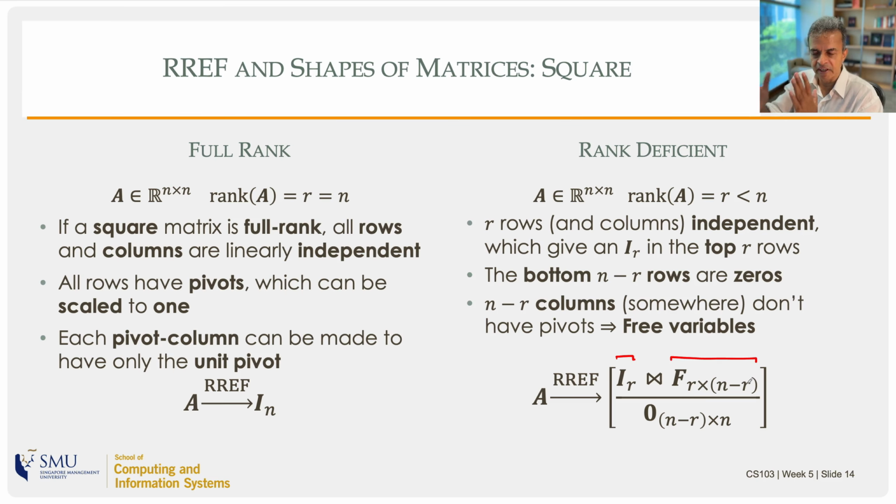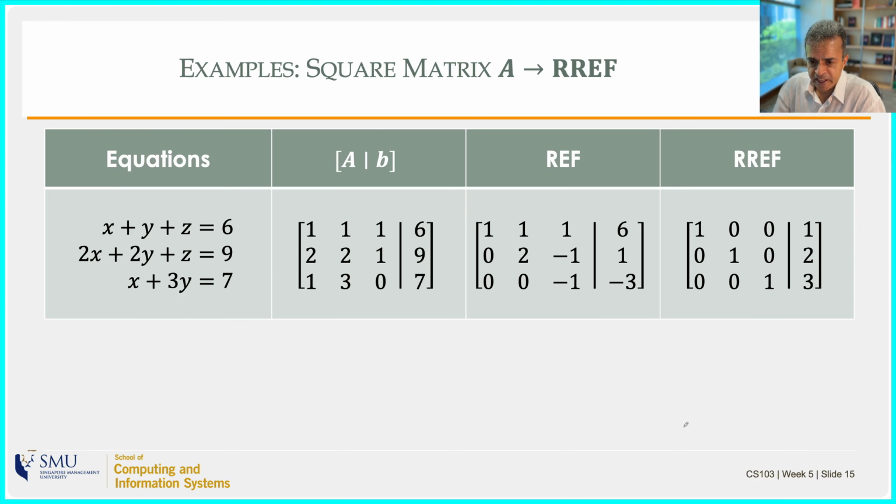The free variable columns might be shuffled in, which is what I indicate by this symbol, bow tie. And below that, you will have n minus R, which is the rank deficiency, many rows of just zeros. So that's the shape.